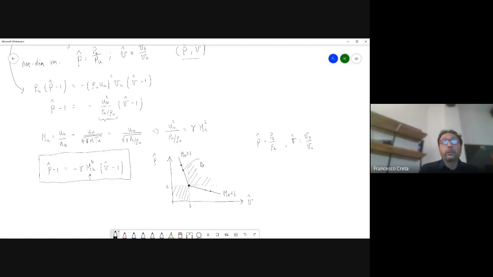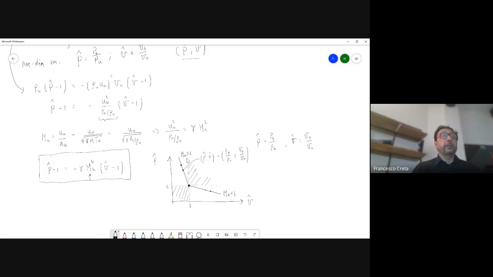Now any point here will be a point P hat, V hat, which will represent P_b over P_u and V_b over V_u. So for example, if I give you the upstream conditions of pressure and density or specific volume, this point here will uniquely identify the downstream P_b and V_b conditions, right?